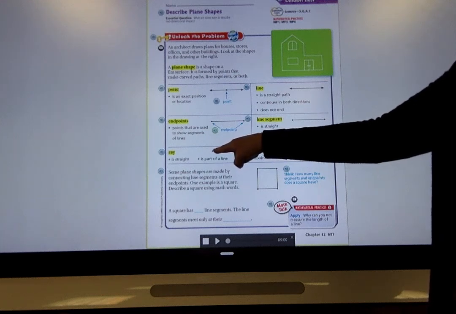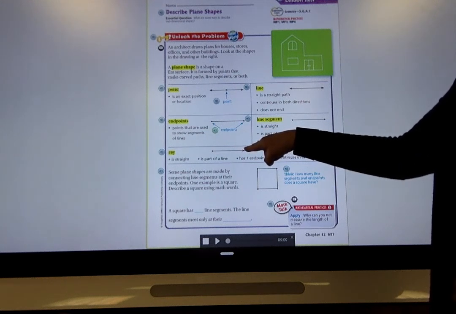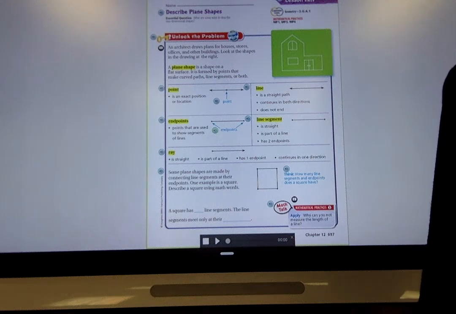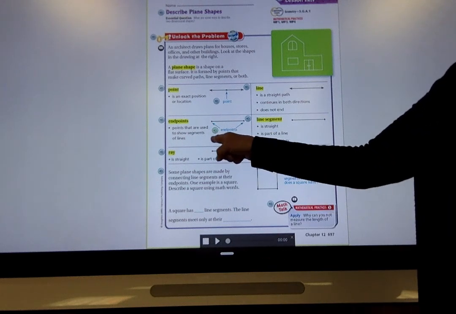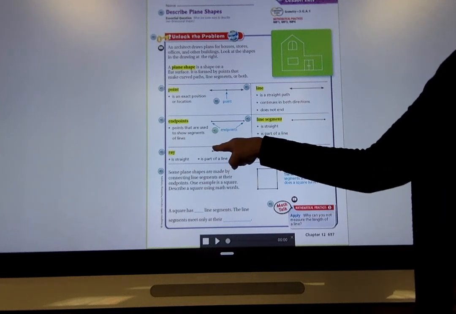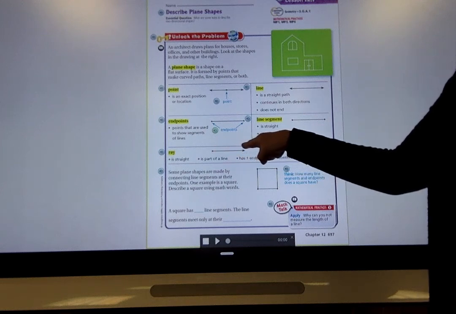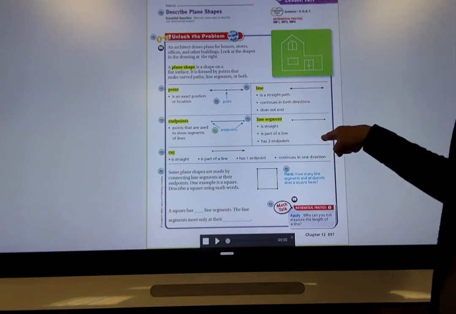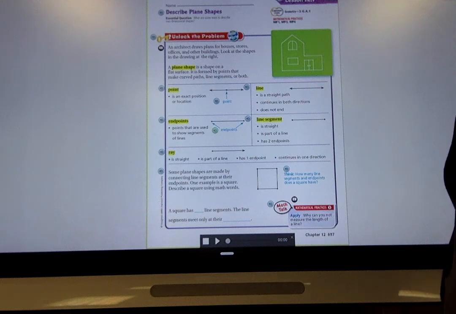We have an endpoint and an arrow. That's called a ray. Think about the sun as the endpoint. Great big old sun over here. And this ray comes down and it travels millions of miles and beyond to infinity. That arrow shows that it keeps going on and on.